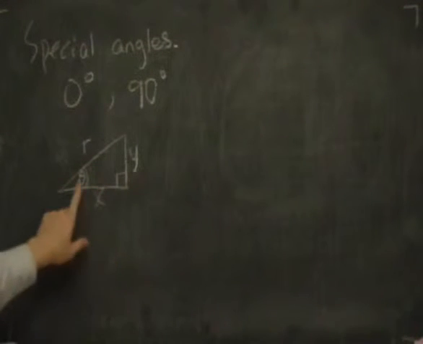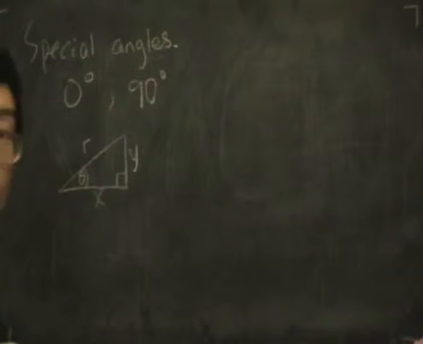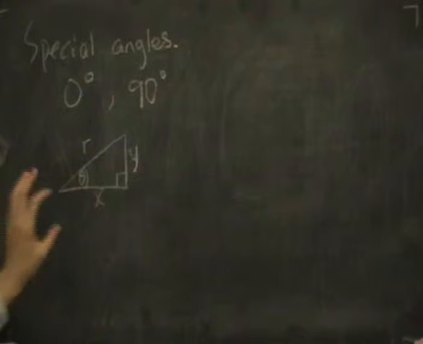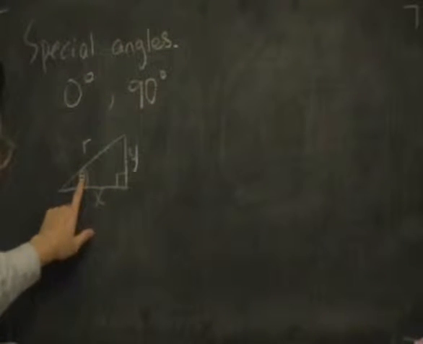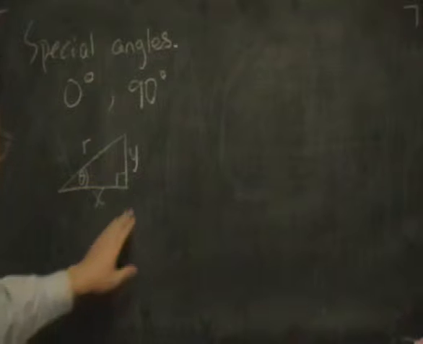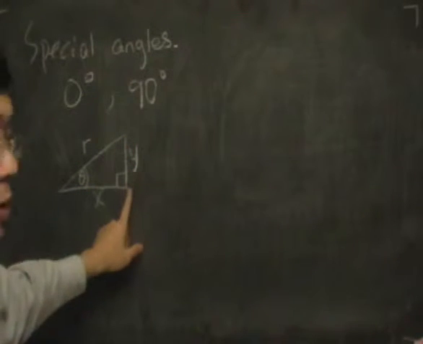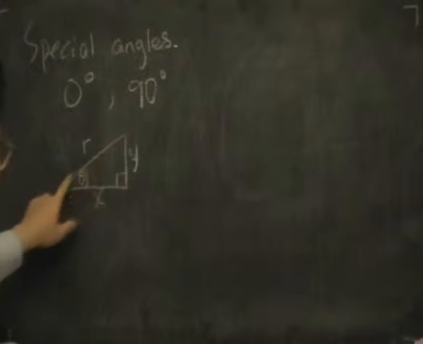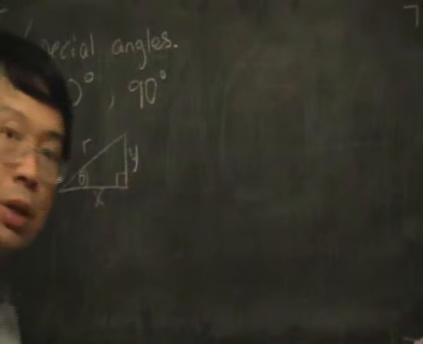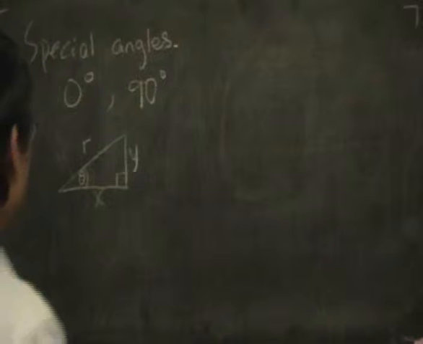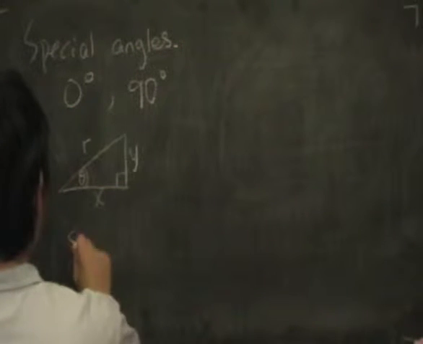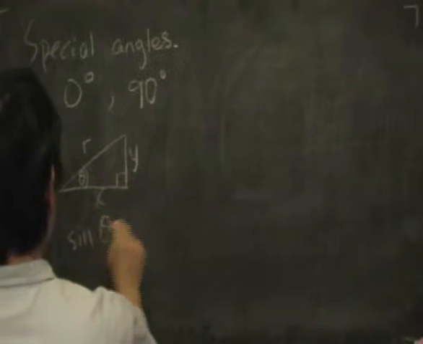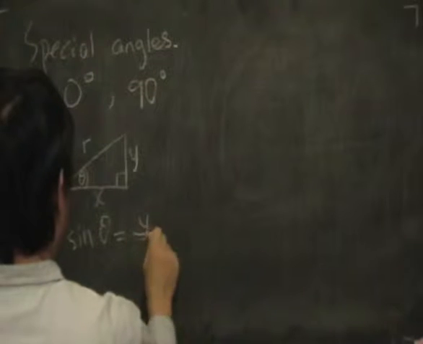That's the right angle. That's an angle that we call theta. The sine of the angle theta is equal to the side opposite to the angle divided by the longer side, which is called the hypotenuse. So let me write that down. Sine theta is equal to y over r.